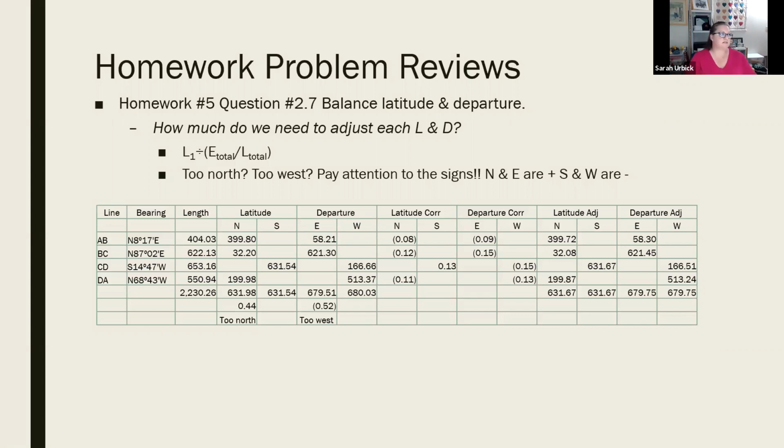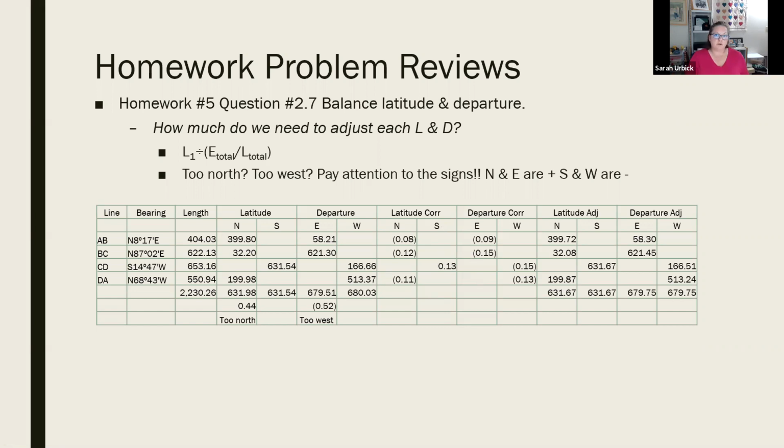So in this case, the length of any one segment divided by the total length, which is going to be our perimeter of our traverse, times the total error value. So that's the formula we use to come up with what these values are for the corrections. This is where we've got to be careful and watch for what the sign of that value is.